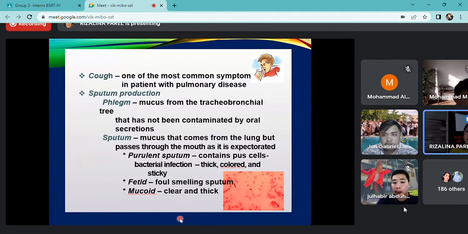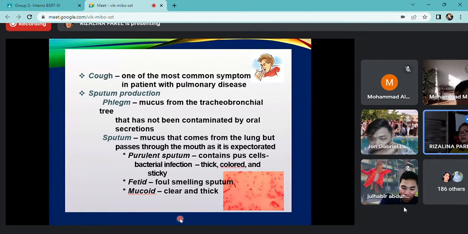Also, pwede rin nating i-categorize yung ating mga sputum production, phlegm, and sputum na to according to color. Okay? So take down notes na kapag daw ang sputum color ay white and translucent, that is still normal. Okay? Kapag ang iyong sputum production, medyo yellowish na siya, ibig sabihin, there's a presence of infection, but the body is fighting. Okay?